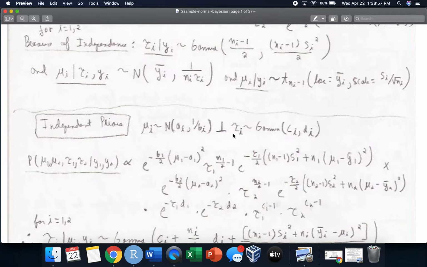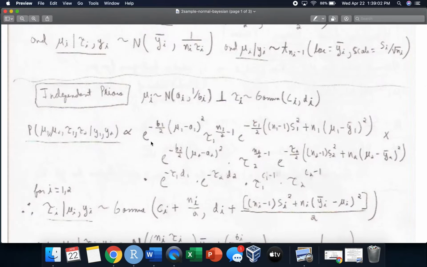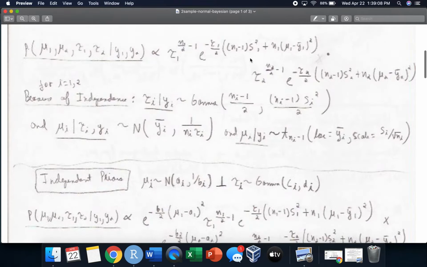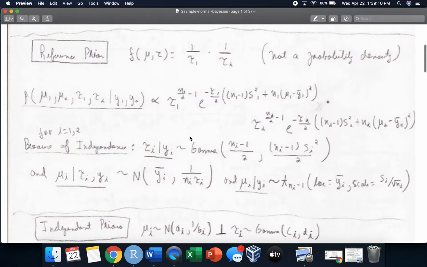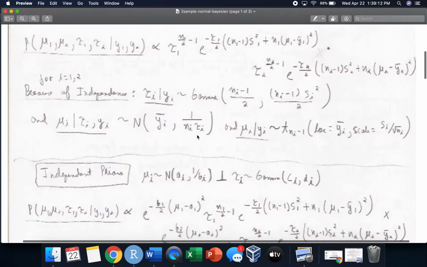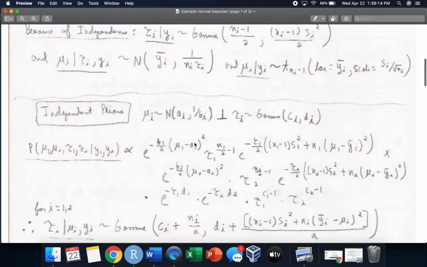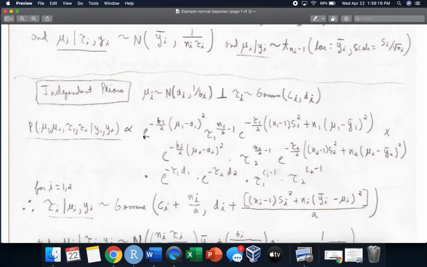Okay, so the same process as before. We multiply the PDFs of these four priors with the previous item we had up here. So it's the likelihood times these priors. We'll end up with one part of the normal for each one of these.